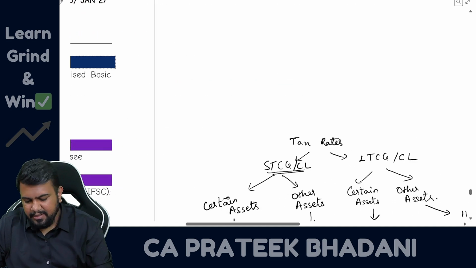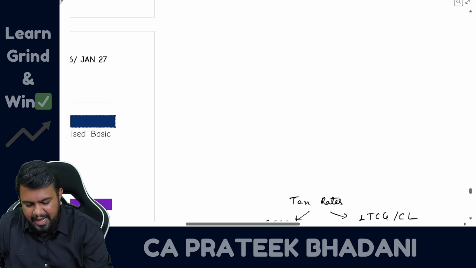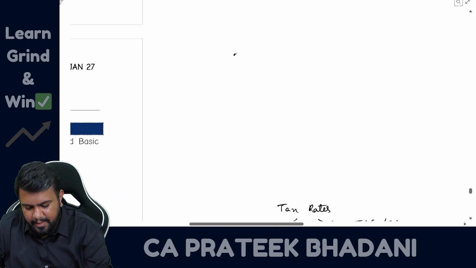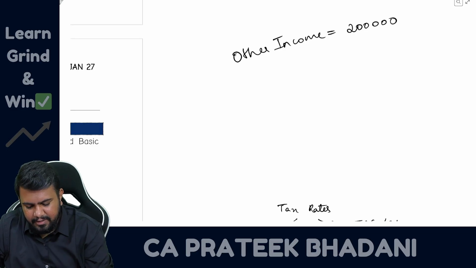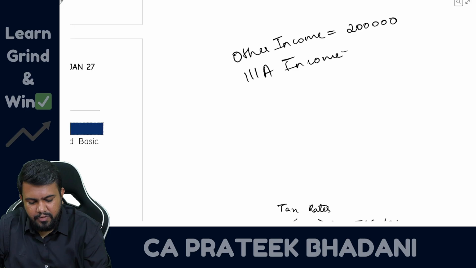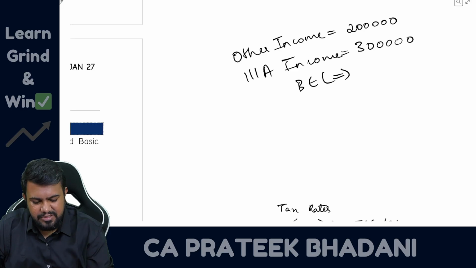So let's say you are having other income or normal income of 2 lakh rupees, and you are having 111A income of 3 lakh rupees. Your basic exemption limit is, let's say in the old scheme, let us assume the assessee is going for old scheme, so it is 2,50,000.